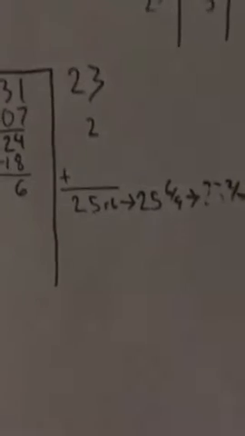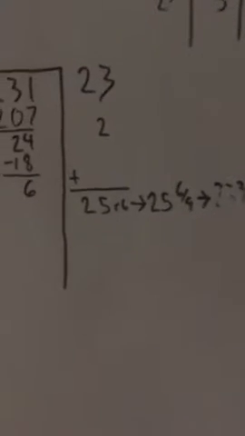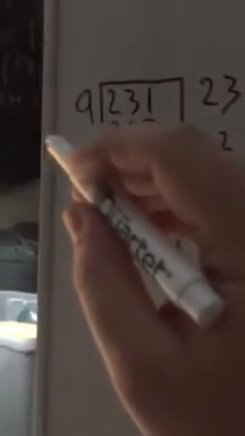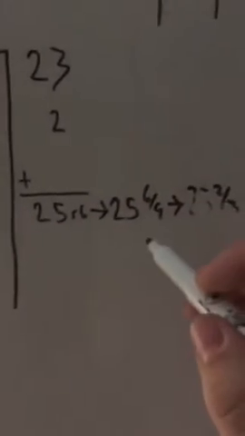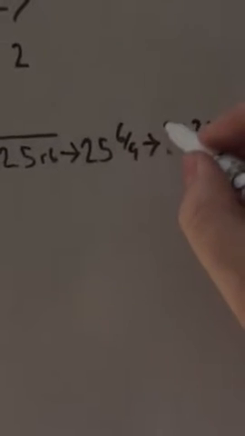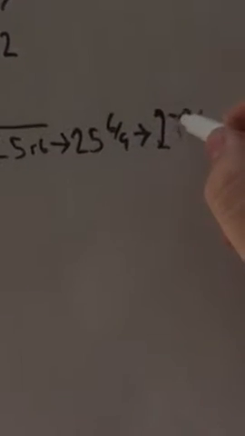Now, you're probably thinking, where do we get that fraction from? Well, we get the fraction from the remainder over the divisor, which is 9. So it's 25 and 6/9, which changes into 25 and 2/3 when you simplify that fraction. And that is the partial quotient method.